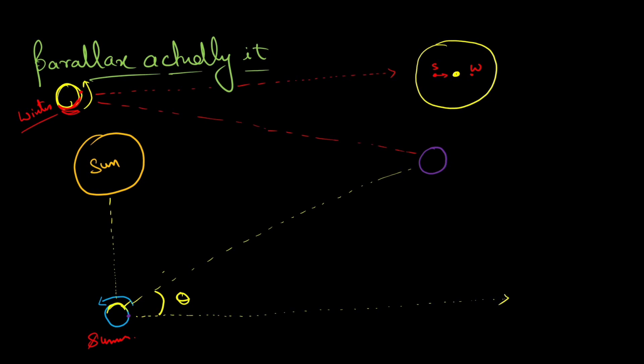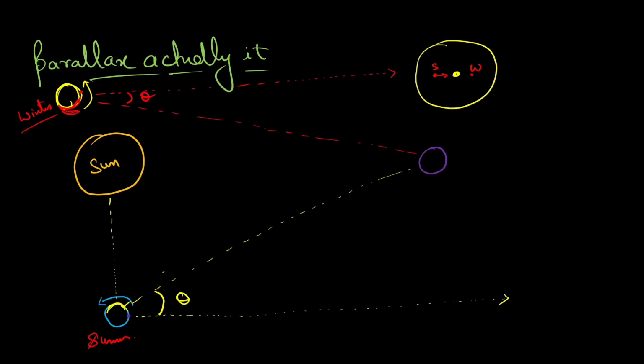And I want to be clear, this angle over here is going to be the same thing as this angle there. It's symmetric this way, and this is an isosceles triangle.